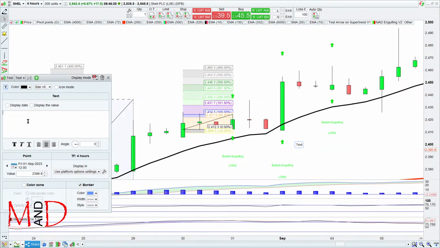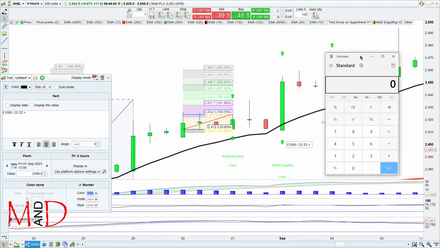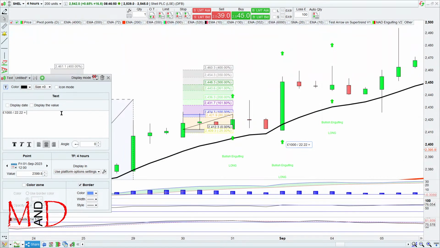So 1,000 divided by 24.22. Because I'm not a maths genius, let's bring this bad boy up. So 1,000 divided by 22 is 45 shares. Right, so that's 45.